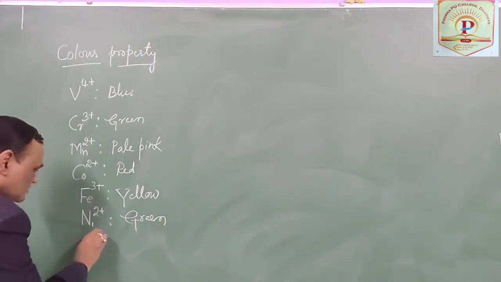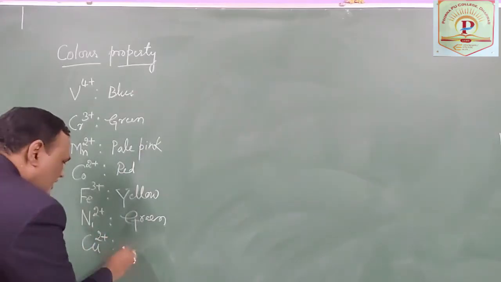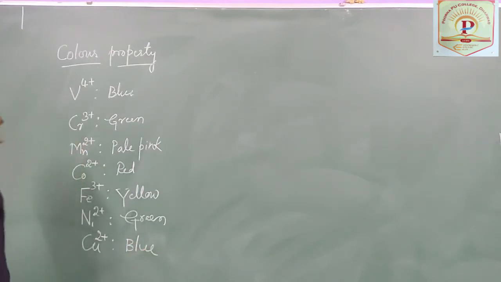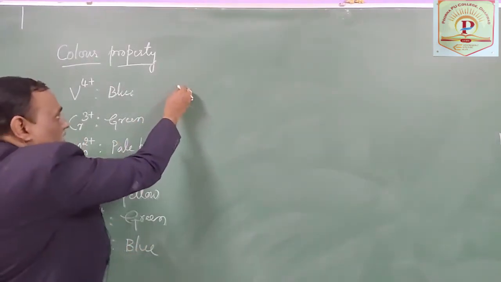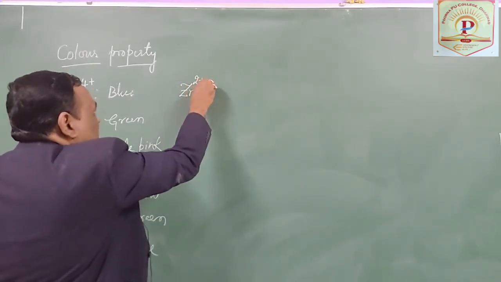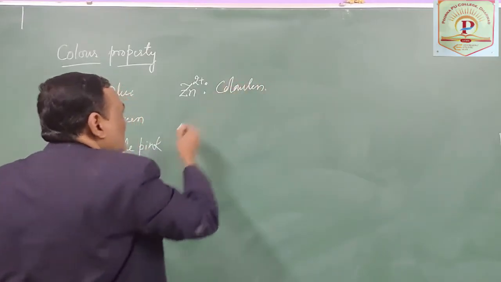Copper 2+ is blue in color. Similarly, zinc 2+ is colorless, it doesn't have any color.